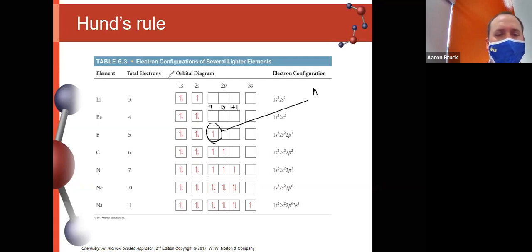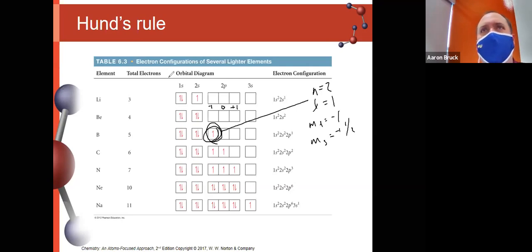It would be n equals 2, L equals 1. That would represent the 2p sublevel that it's in. M sub L would be -1. M sub S would be +1/2. And that represents the leftmost orbital box, and its spin up direction.